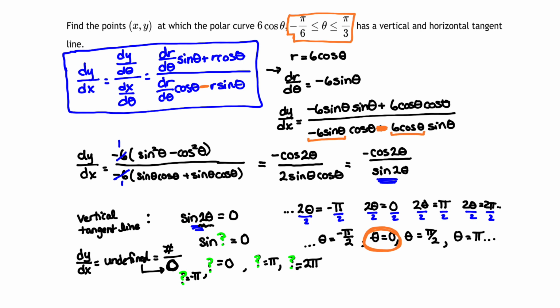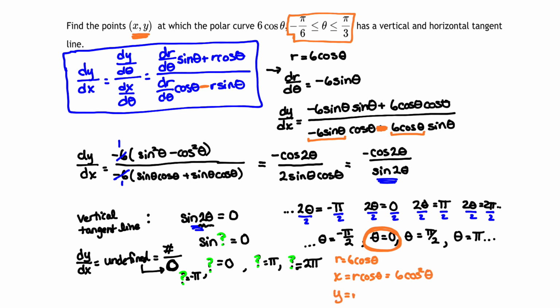You'd think we'd be done, but we have one final step because the problem asks us to find the points x and y. So we have that r is 6 cos theta. x is r cosine theta, or in other words, x is just 6 times the cosine squared of theta.